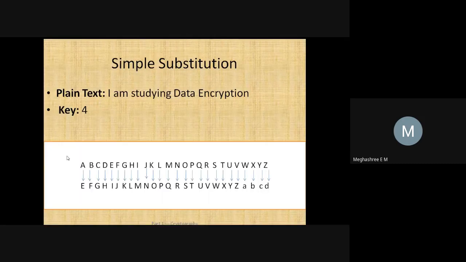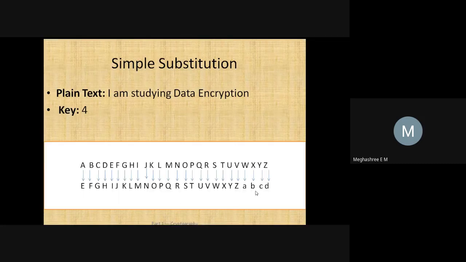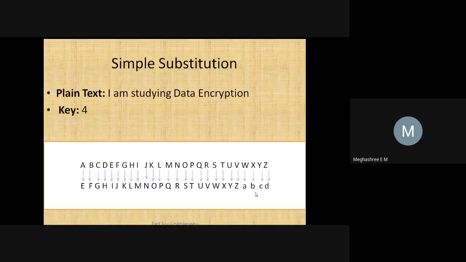I have given the table as well. When you make a shift of 4, A will take the place of E. I'll give you 2 minutes. Please hurry up. Since I've provided this table, I hope it is easy to solve.